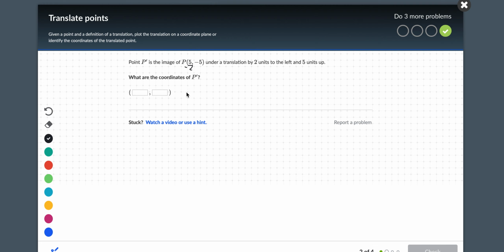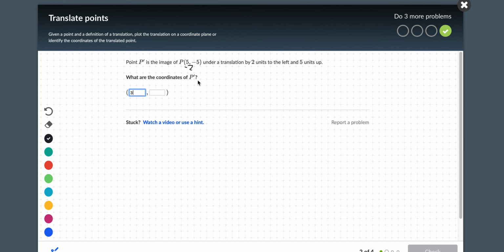So after you subtract 2, you get positive 3, and vice versa, adding 2 units is the same as going to the right. And then we're going 5 units up, which means we're going to add 5, and then we get 0. So the coordinates are 3, 0.